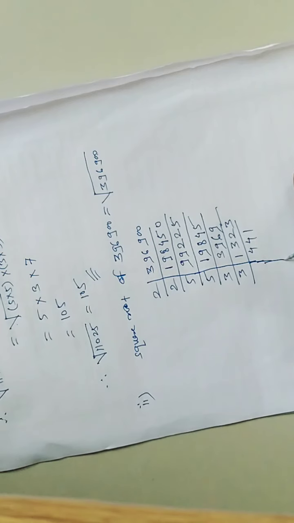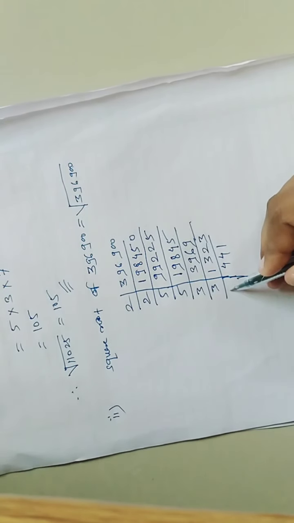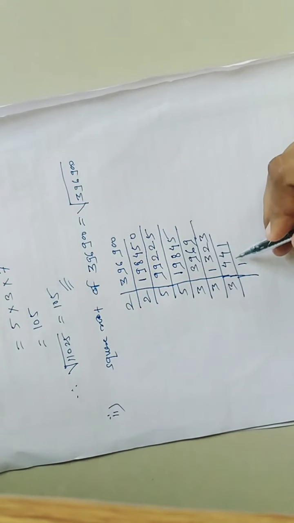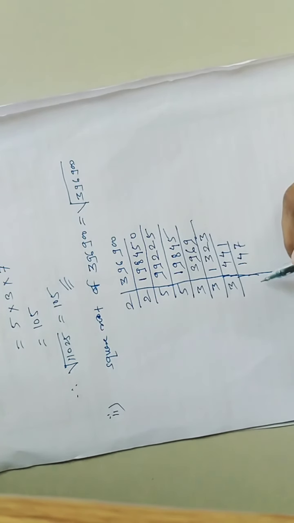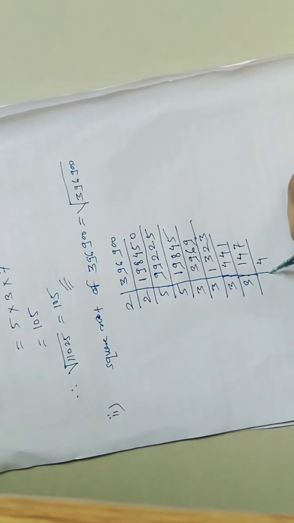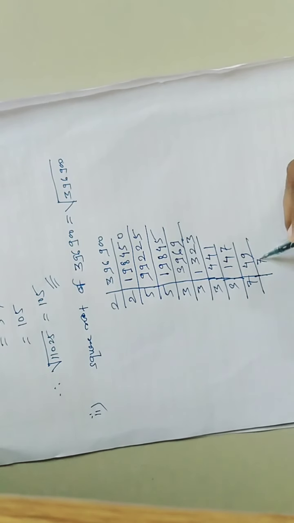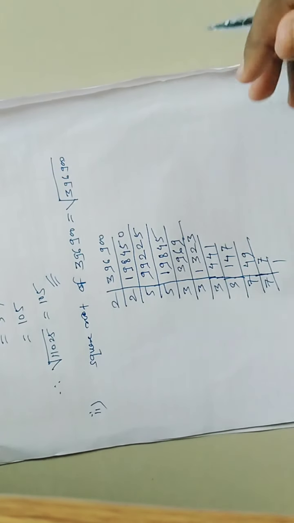Then 441, this number is divisible by 3. 3 ones are 3, 3 fours are 12, 3 sevens are 21. Then this number is divisible by 3 again. So 3 fours are 12, 2 remaining, 3 nines are 27, then 7 sevens are 49, and 7 ones are 7.